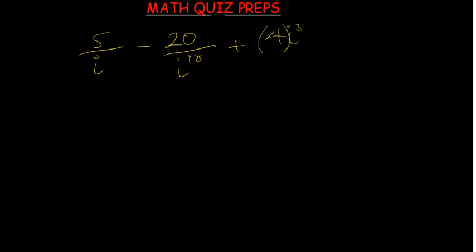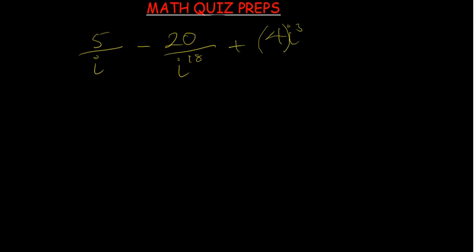How can we express this: 5 over I, minus 20 over I raised to the power 18, then plus 4I raised to the power 3? Actually, the 4I is in brackets.